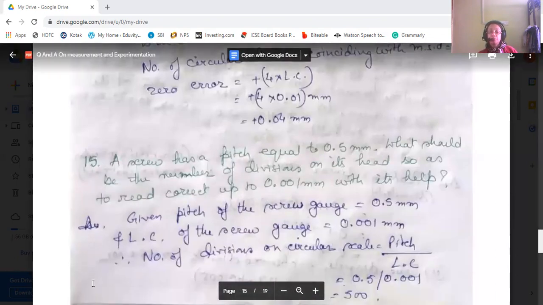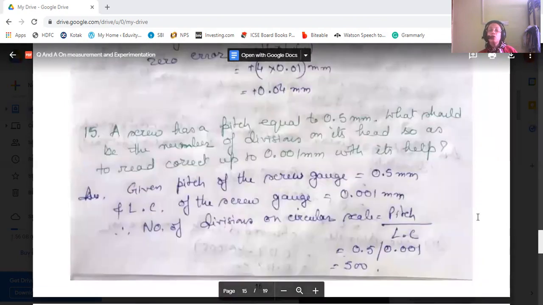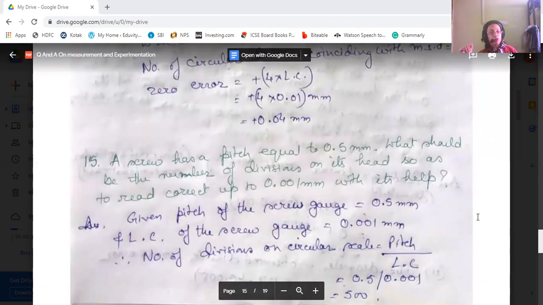Next is, when a screw has a pitch equal to 0.5 millimeter, what should be the number of divisions on its head so as to read correct up to 0.001 millimeters with its help? Given the pitch is 0.5 millimeters and the least count is 0.001 millimeters. We know least count is equal to pitch by number of divisions.